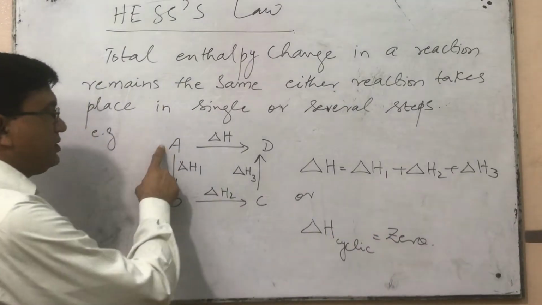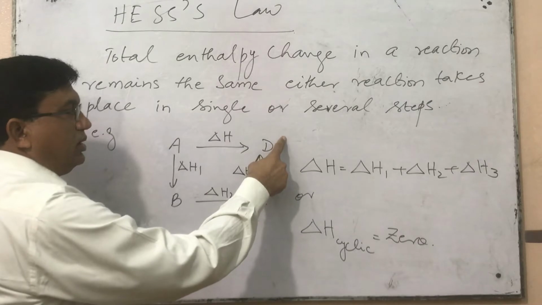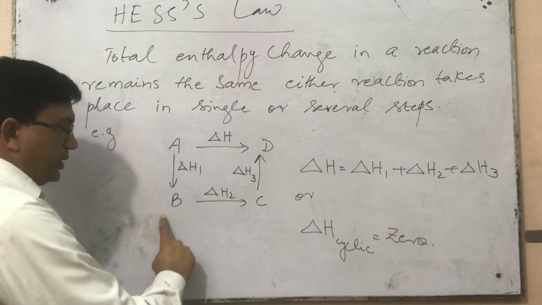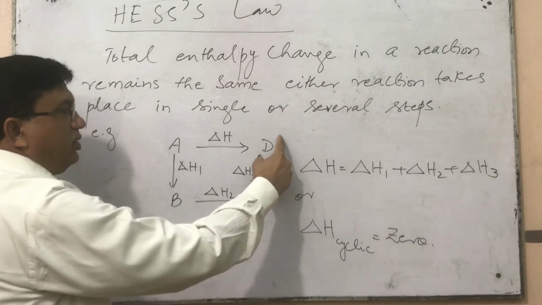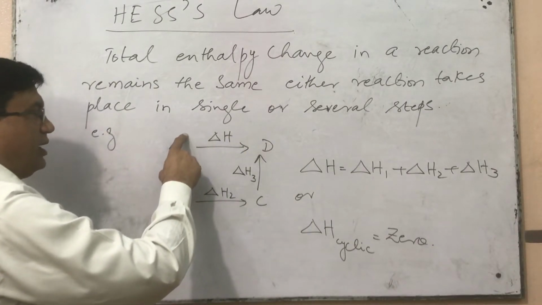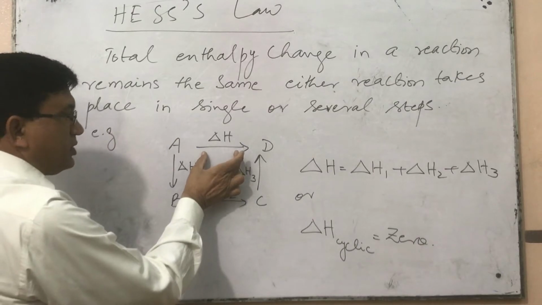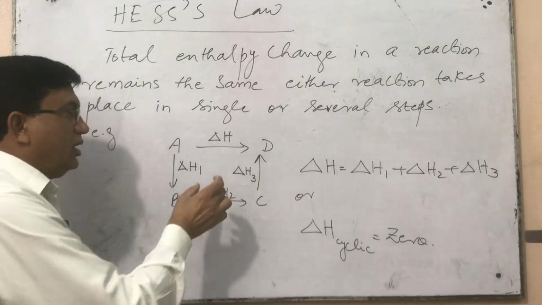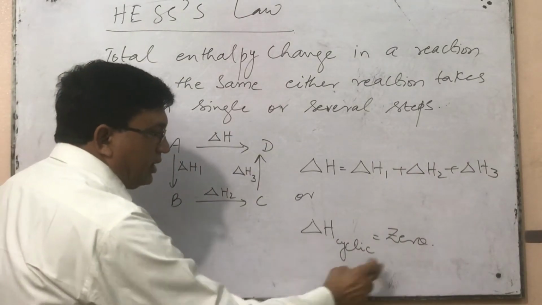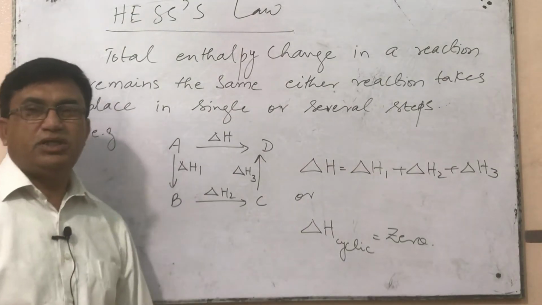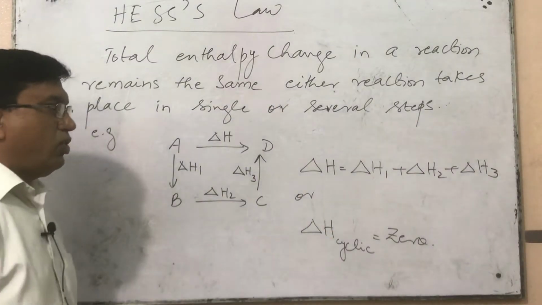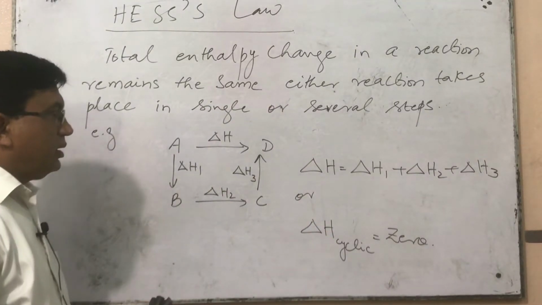For example, if this reactant has to be converted into product D, and if we follow the indirect route, A changes into B, changes into C, and C changes into D, and if we have to complete its cycle, the D will change back into A. So during this process, the total enthalpy change evolved or absorbed will definitely be neutralized, and for a cyclic reaction, the total enthalpy change will become 0. This is the definition of Hess's law and application of Hess's law representation.